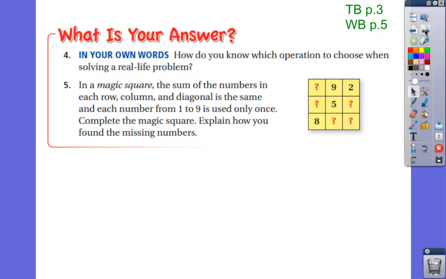Okay, now you were asked in your workbook on page 5 to answer question 4. You did not have to answer 5, you certainly could, but it wasn't required. In your own words, how do you know which operation to choose when solving a real-life problem? Back when we started this lesson, we talked about looking for those clue words.